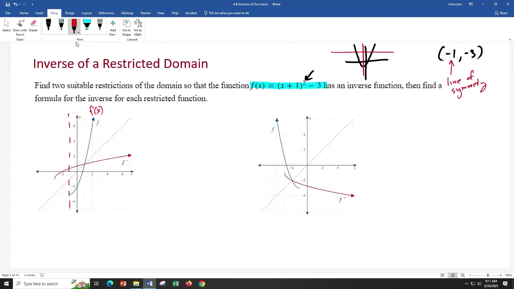Eventually I'm going to have to get rid of it, and the only way to get rid of a power of 2 is to take the square root. But when you take the square root of an even power, you always have to add a plus or minus. Remember that? That's what they're doing in your notes. You get 2 answers, so you basically have 2 inverses: one that's positive, one that's negative.